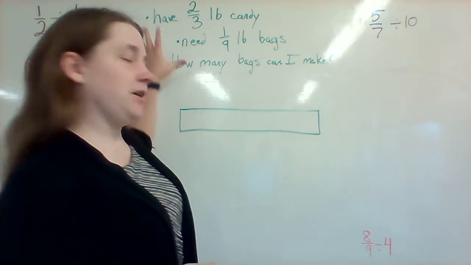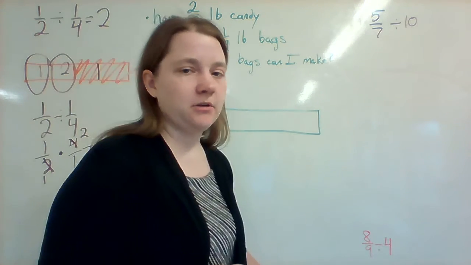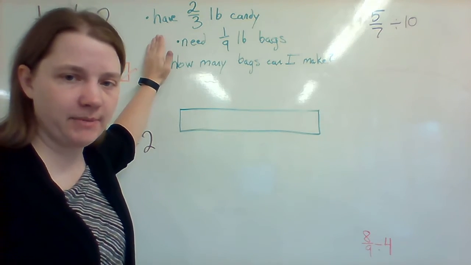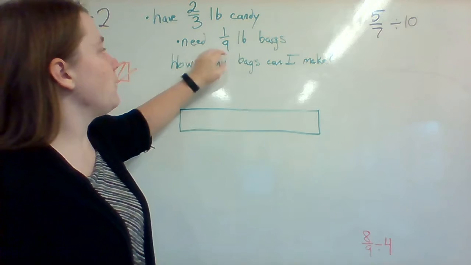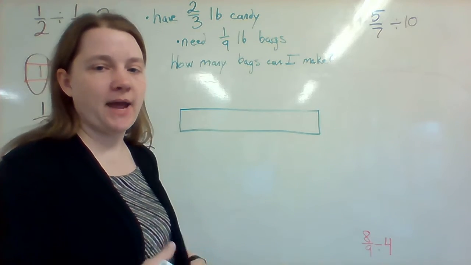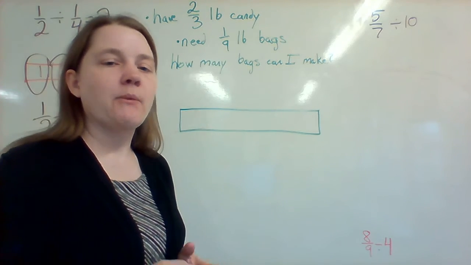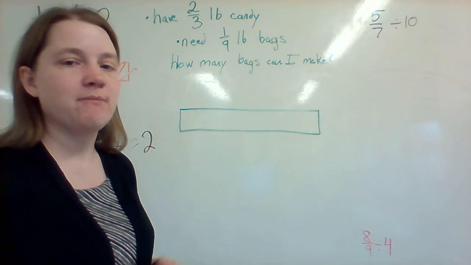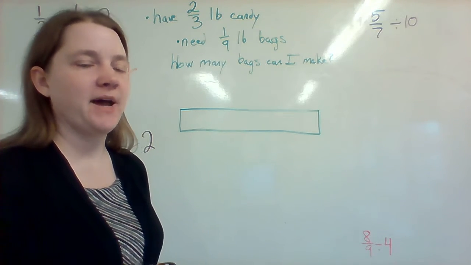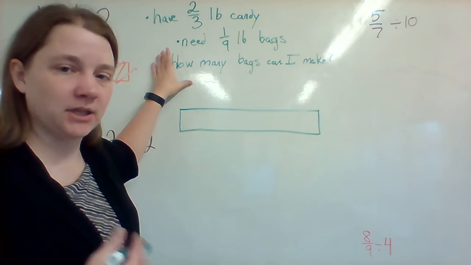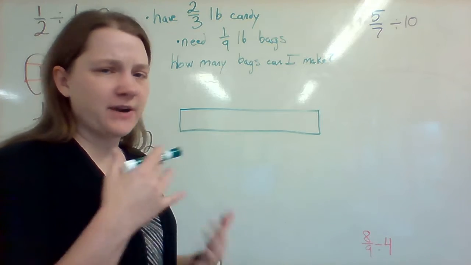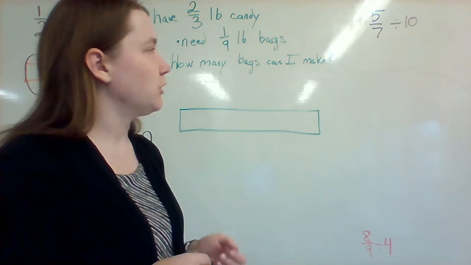Let's take a look at my abbreviated word problem up here. If we have a 2/3 pound bag of candy, and we need 1/9 pound bags, we want to know how many bags can I actually make? How many 1/9 pound bags? And at first this sounds really confusing because we've got a whole bunch of fractions in here, and fractions tend to kind of jumble your thoughts a little bit.